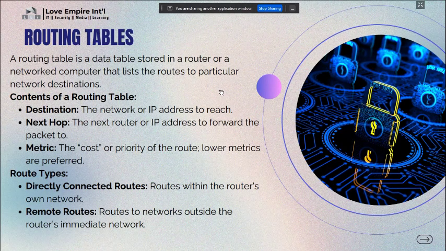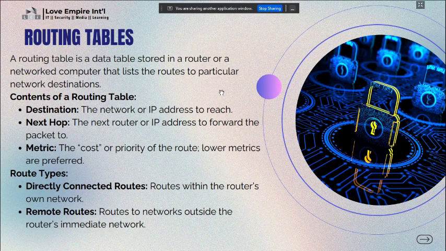Okay, so we have route types. We have the directly connected route. That's a route within the router's own network. You understand? If you have a particular network within your office and they are using just one router and you want to send information just within that network, it is a different situation entirely. That's what they are referring to as a directly connected route.